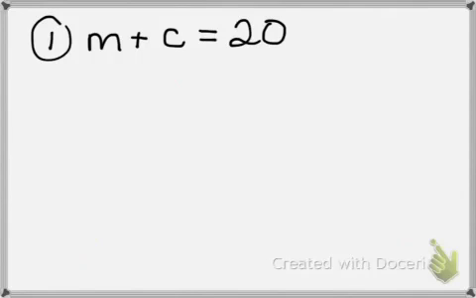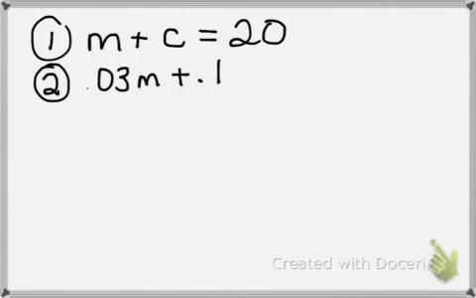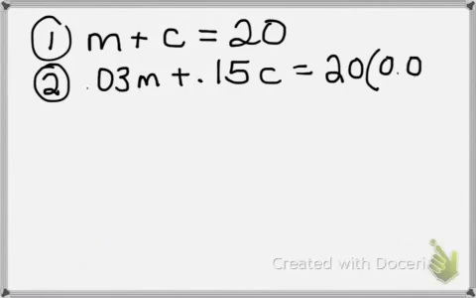Okay, so moving on, we have our two equations that I'm just going to rewrite here on this new slide. So we have our M plus C equals 20, and we have our 0.03 M plus 0.15 C equals 20 times the percentage of what we're trying to find, which is 0.06.